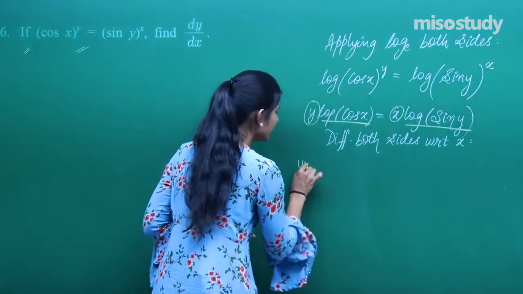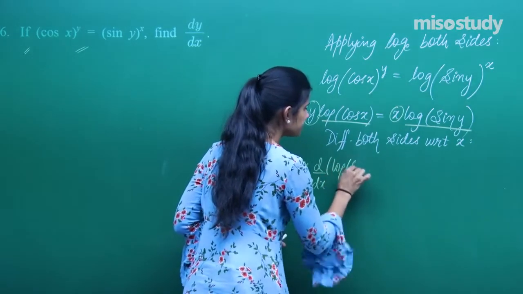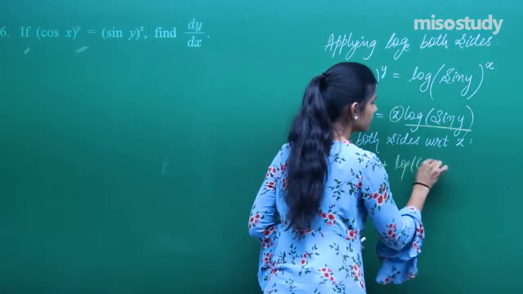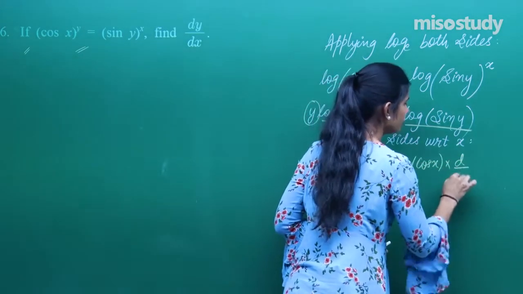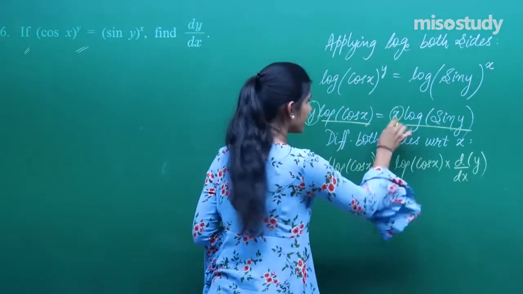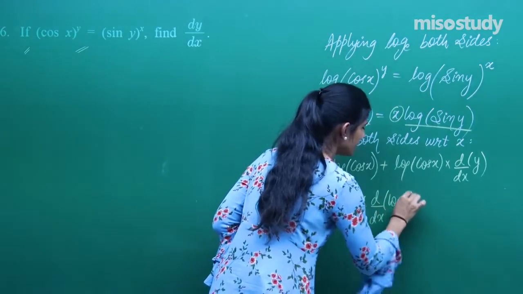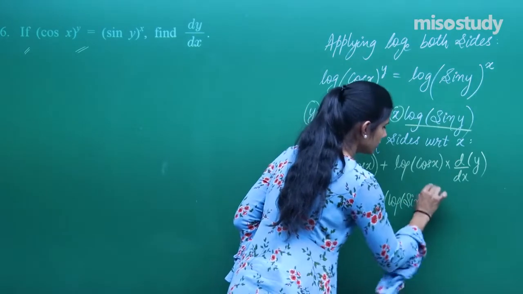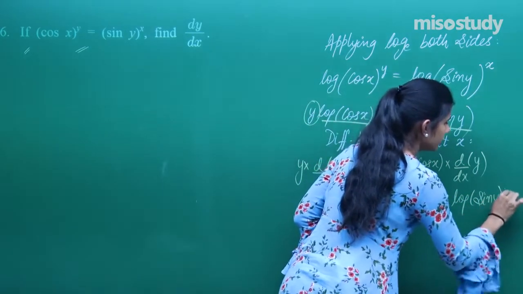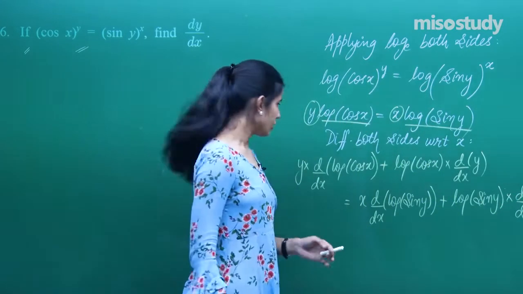First function into differentiation of second function plus second function into differentiation of first function, equal to the same thing. First function into differentiation of second function plus second function into differentiation of first function.